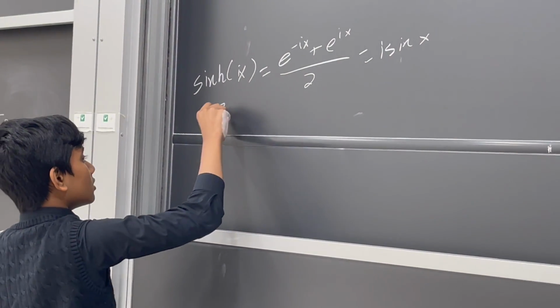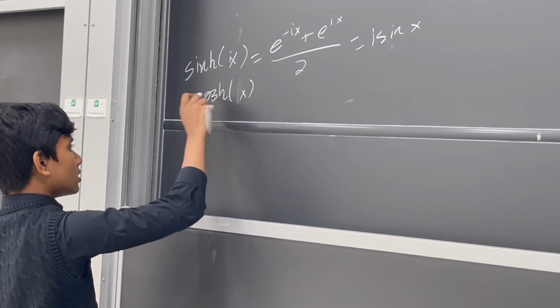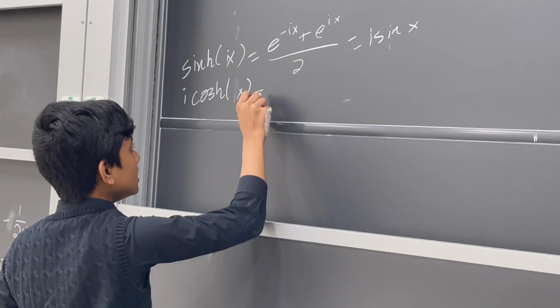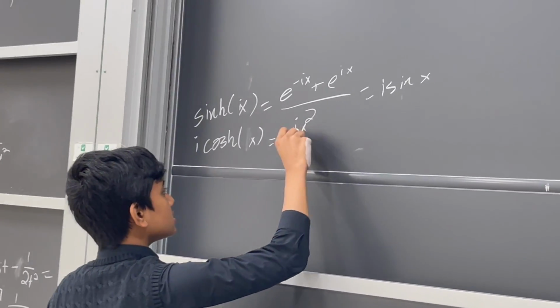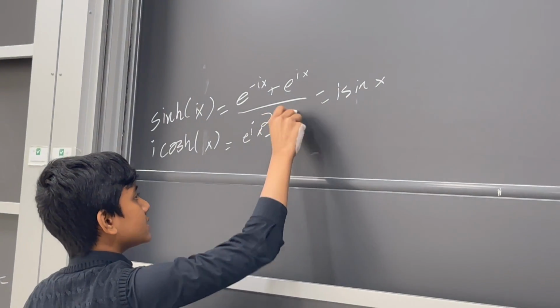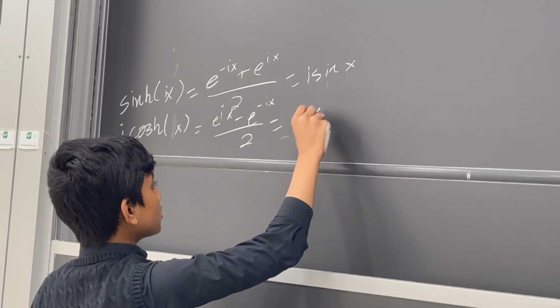Meanwhile, cos of x is equal to e to the ix minus e to the minus ix over 2, which is the same thing as cosine ix.